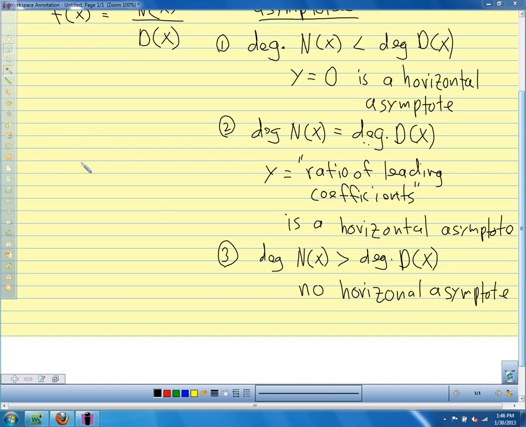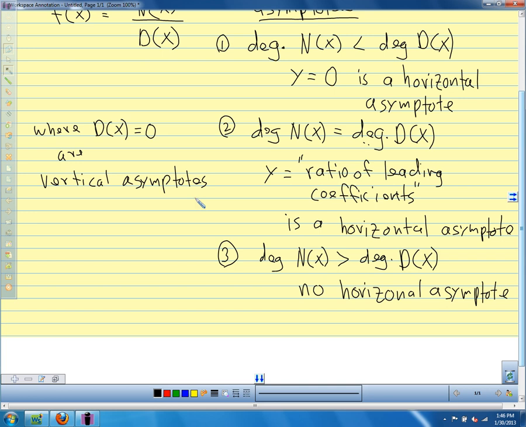And just off to the side here, I'm going to say where the denominator equals 0, where the denominator is 0 are vertical asymptotes. And it doesn't have to do with the asymptotes, but we said there's a hole in the graph if the numerator and denominator are 0 at the same time.